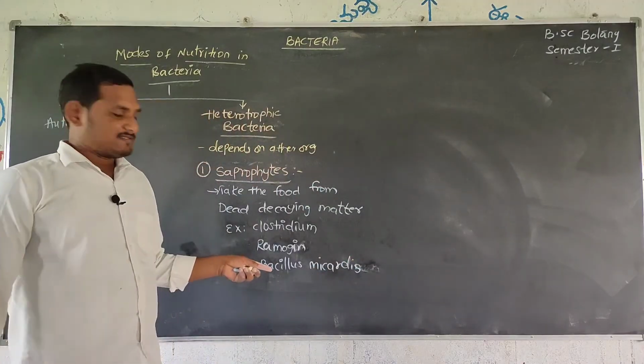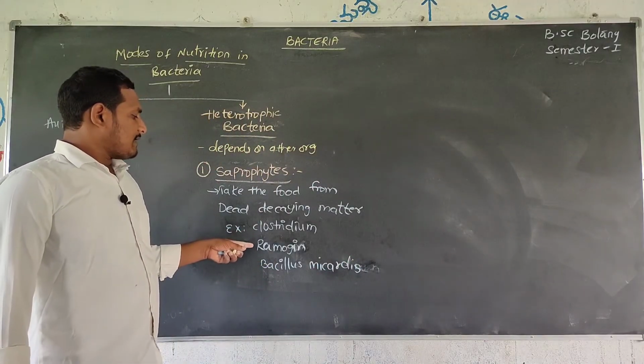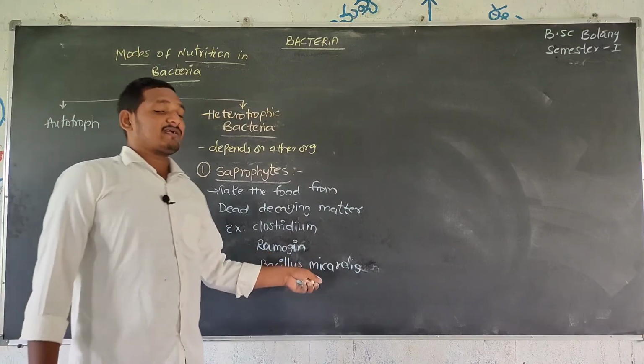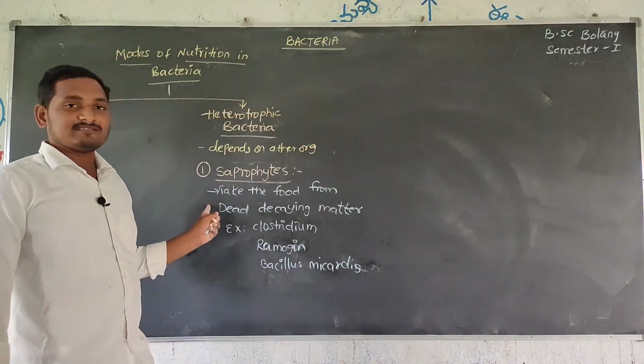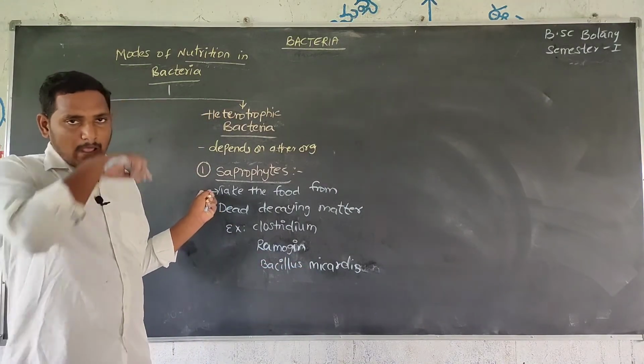Bacillus mycardis, Clostridium ramogene and Bacillus mycardis. These are the examples for saprophytic bacteria.